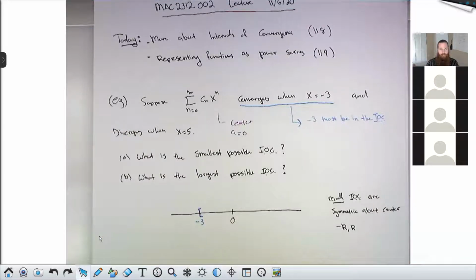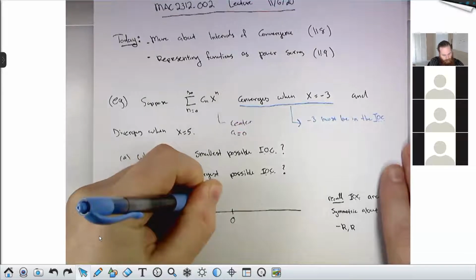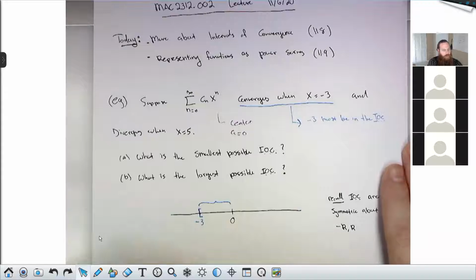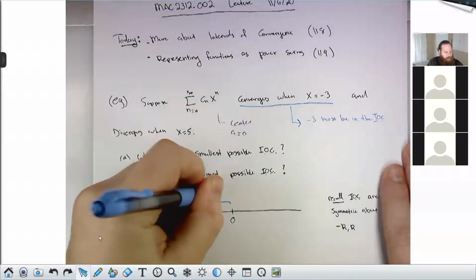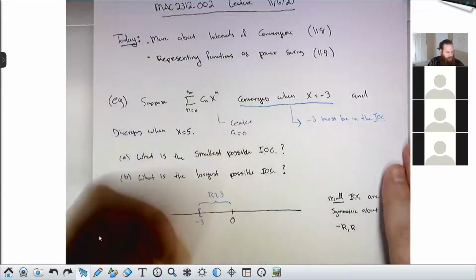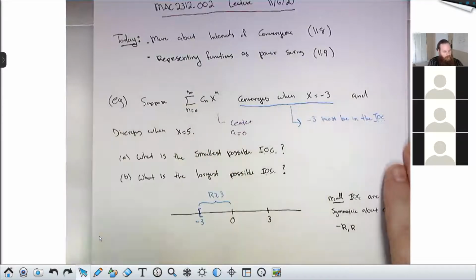Does that make sense? In other words, the radius of convergence, the distance from the center to the endpoint, has to be at least 3. Which means on the other side, we have to go at least out to +3.